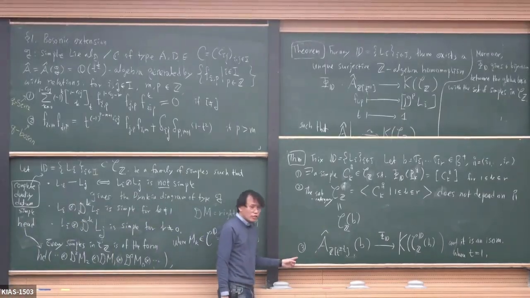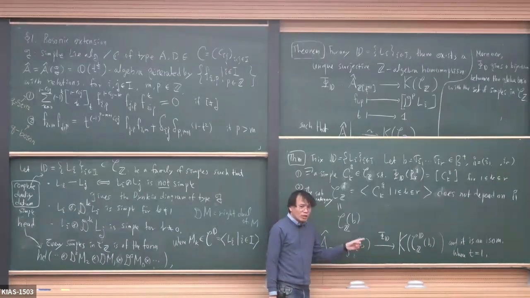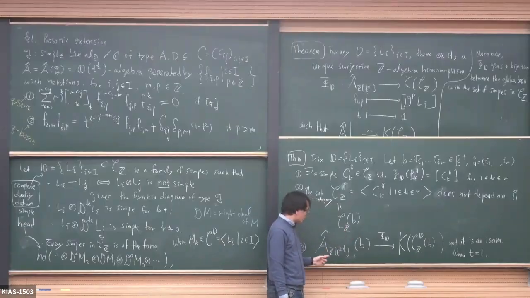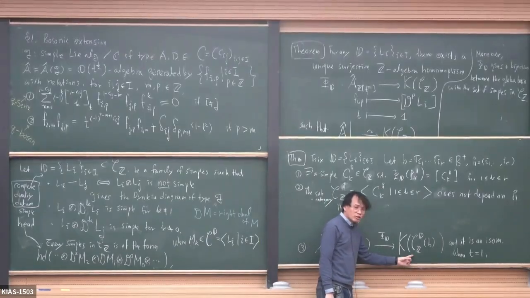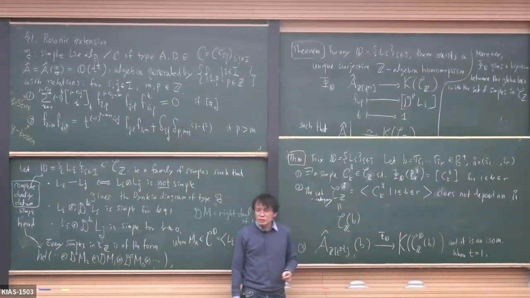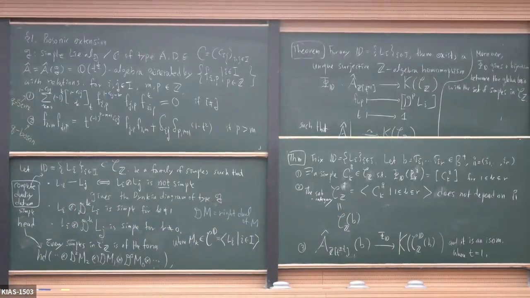So number 3 is saying that we have a monoidal category which gives the structure of the Bosonic extensions. In this sense, we can say that this category is a monoidal categorification of this algebra. But until now, it's just saying that the tensor product corresponds to the product.